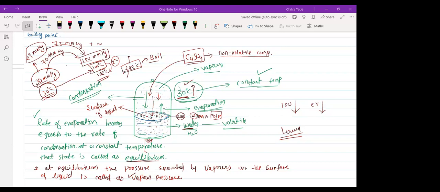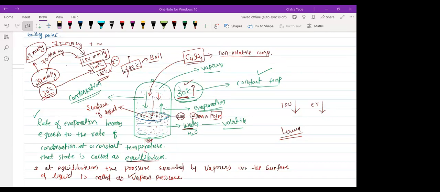Due to lowering of vapor pressure, we have to increase the temperature in order to raise the pressure up to 100 mmHg, as in the example we have taken, so that the vapor pressure of the solution becomes equal to atmospheric pressure. That extra required temperature is nothing but the elevation in boiling point.